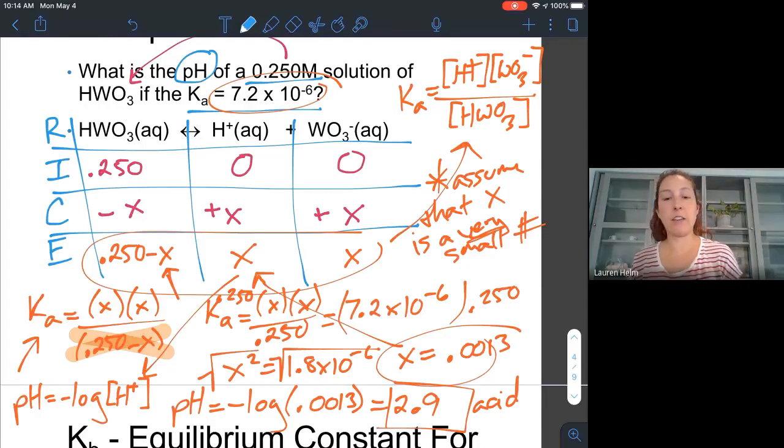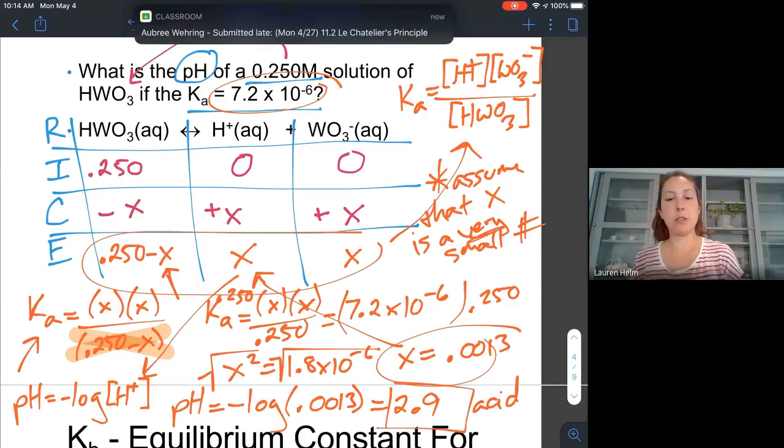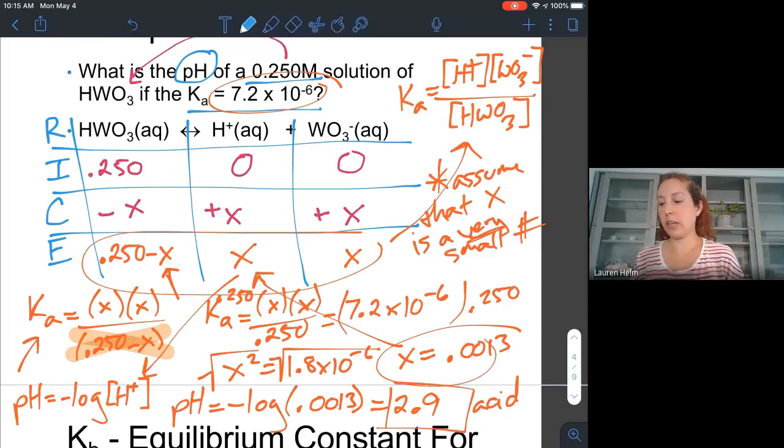I'm going to make it because I have none of it to start. And I'm going to lose reactant because reactant's going to be used up to make that product. So I'm always looking at if I'm starting with reactant and I have no product, then I must lose reactant as I make product, or negative a loss of reactant and a gain of product positive. That answer your question, Alicia?